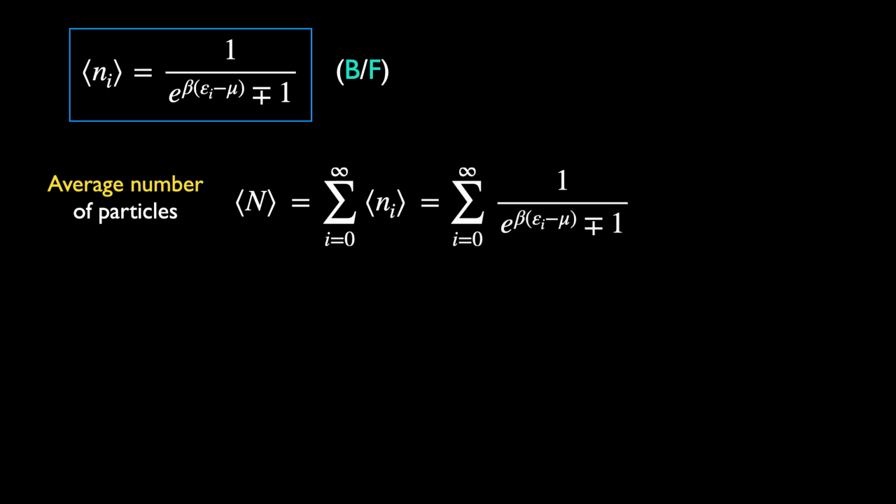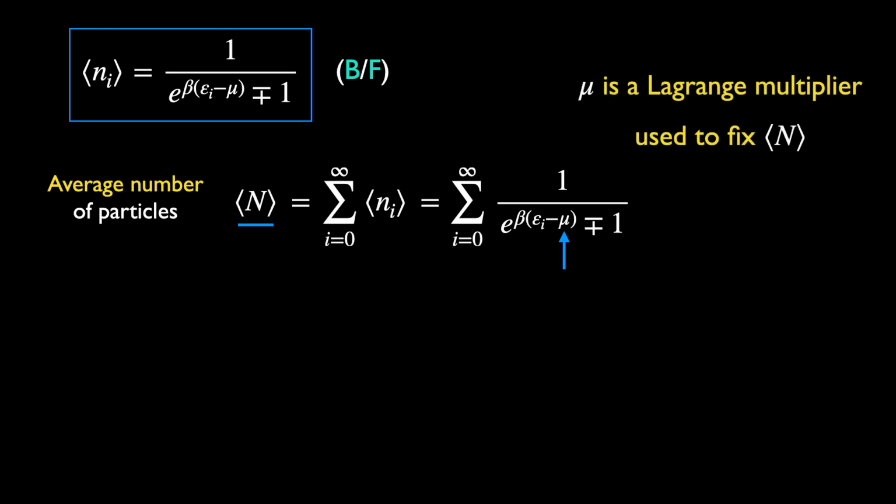Notice that we could fix this average number with μ, which is still an undetermined parameter in the probability distribution. Thus we could see μ as a Lagrange multiplier that fixes the average particle number. In fact, this is in the exercise we have introduced earlier. μ is just another way of expressing particle number through this equation.